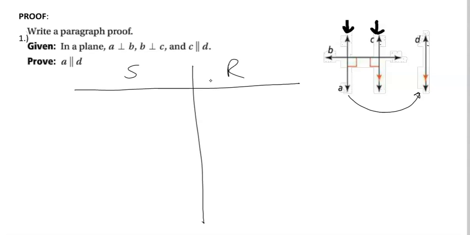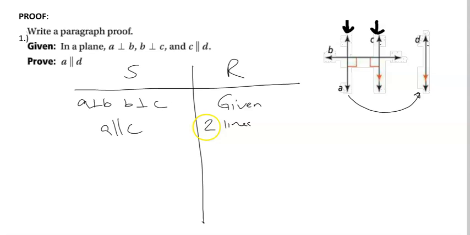Statement, reasons. On a plane, A is perpendicular to B and B is perpendicular to C. 3 points given. Therefore, A is parallel to C. And I don't remember the name of the theorem, so you can just write it out.